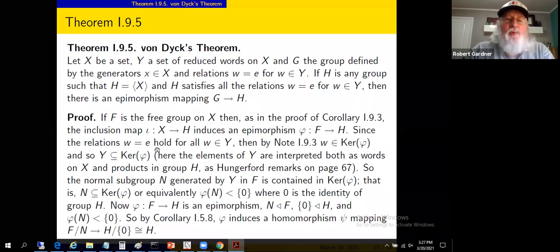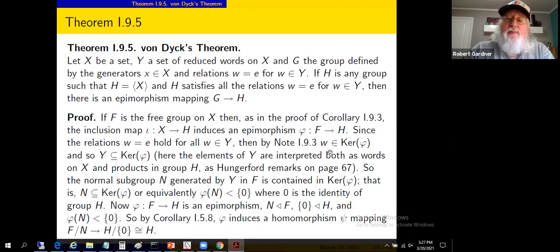Since the relations W equals E hold for all W in Y, then, as we saw in the previous note, that means W is in the kernel of phi. This holds for everything in set Y, reduced words, so it must be that Y is a subset of the kernel of phi.